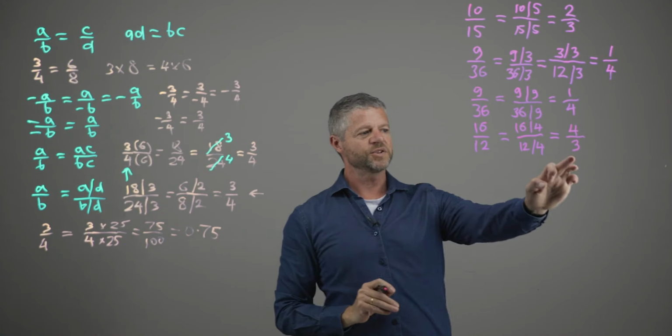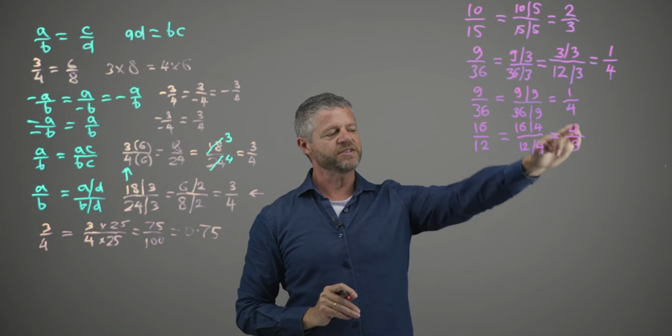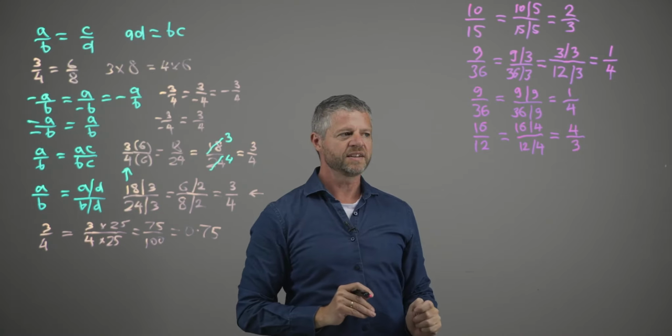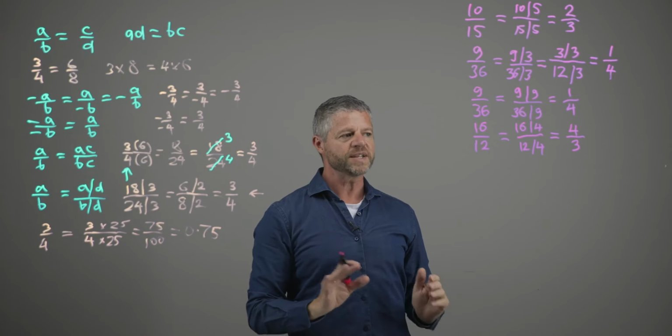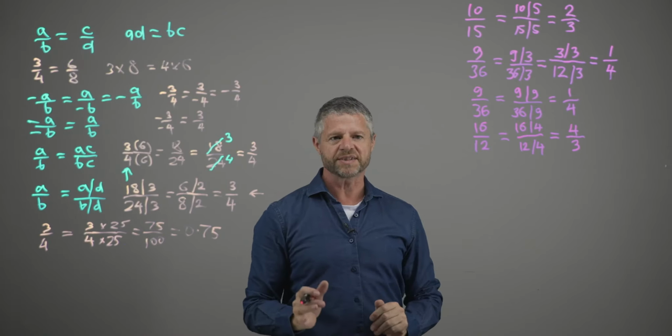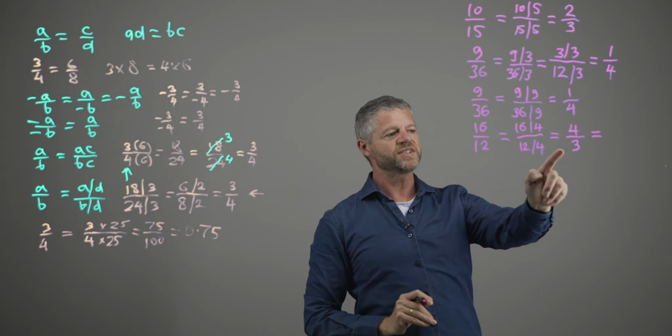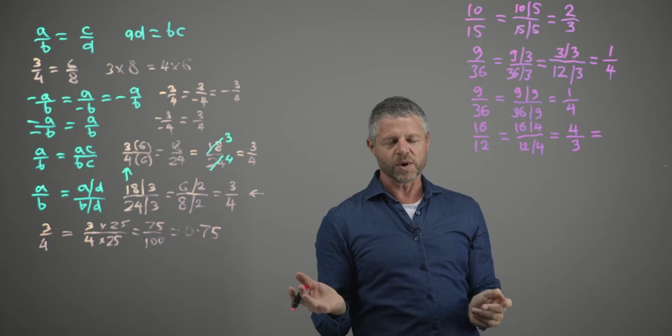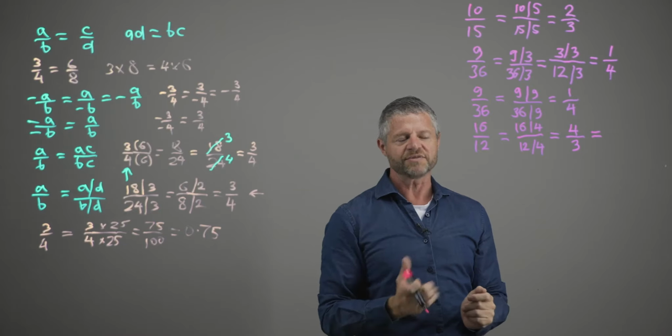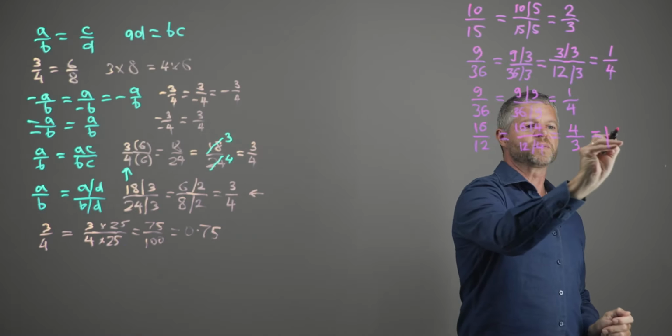And this is known as an improper fraction because the numerator is greater than the denominator. And sometimes, not always, but sometimes we want to express that as a mixed number. So in this case, 4/3. So 3/3 would be 1, and then there would be 1/3 left over. So this is the same as 1 and 1/3.